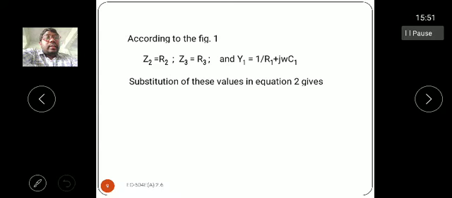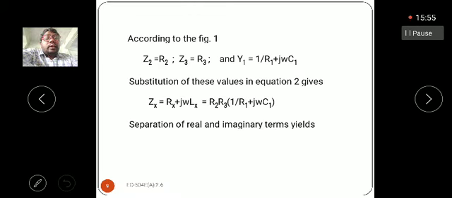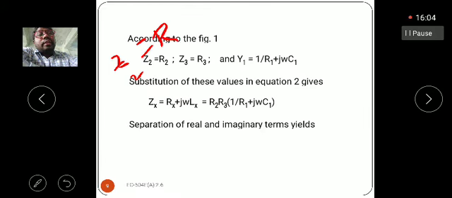According to the figure, we have already assigned the values of the four arms. Z2 is equal to R2, the second arm impedance, which is a fixed resistance.